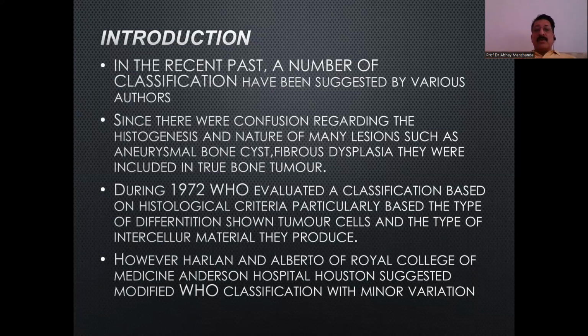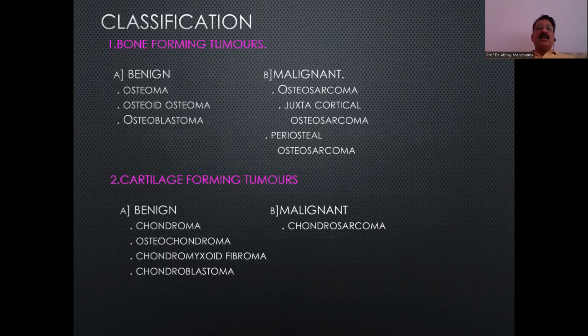However, Harlan and Alberto of Anderson Hospital, Houston, suggested a slight variation in the WHO classification. But for your interest, this is the broad classification, where we divide it, first, into bone forming tumors.